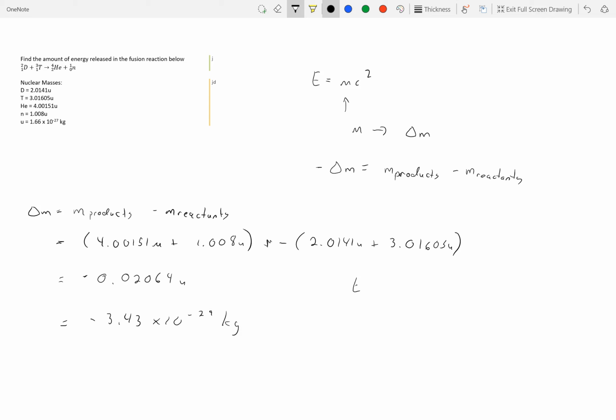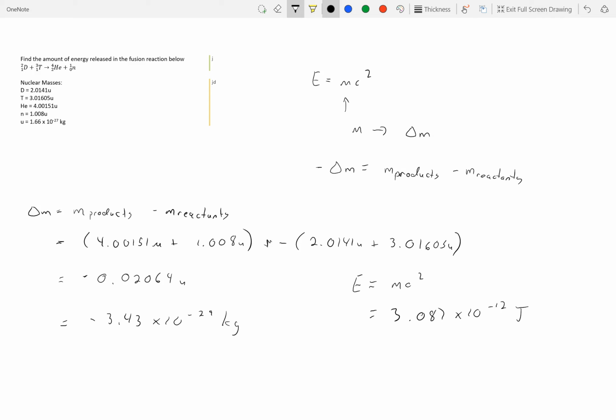And since that is being made available to energy in E equals mc squared, that's going to work out to 3.087 times 10 to the negative 12 joules of energy.